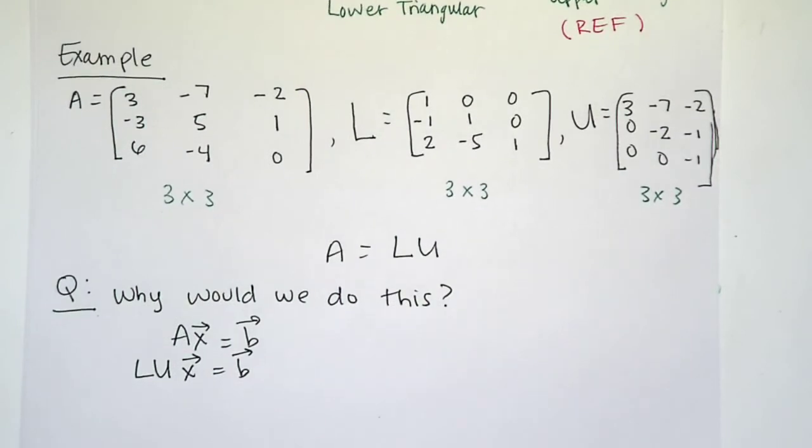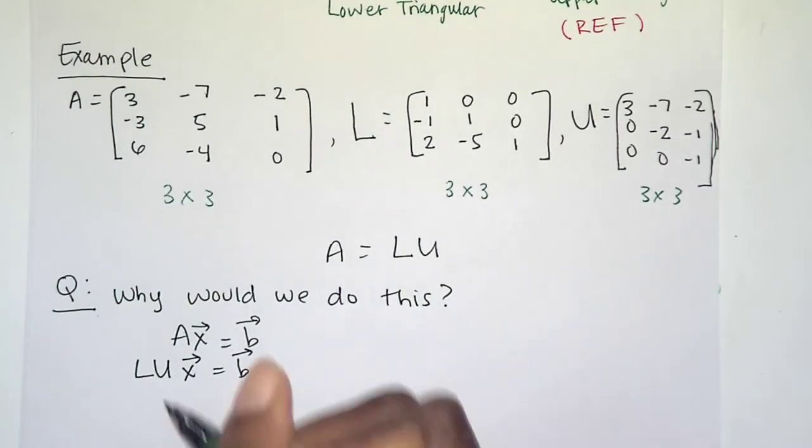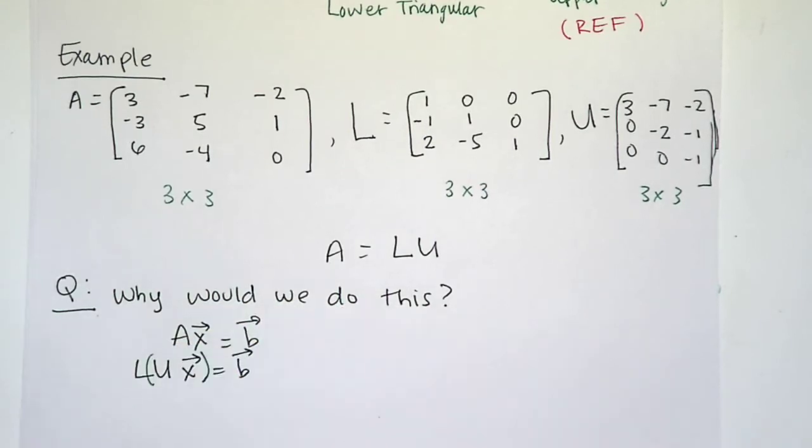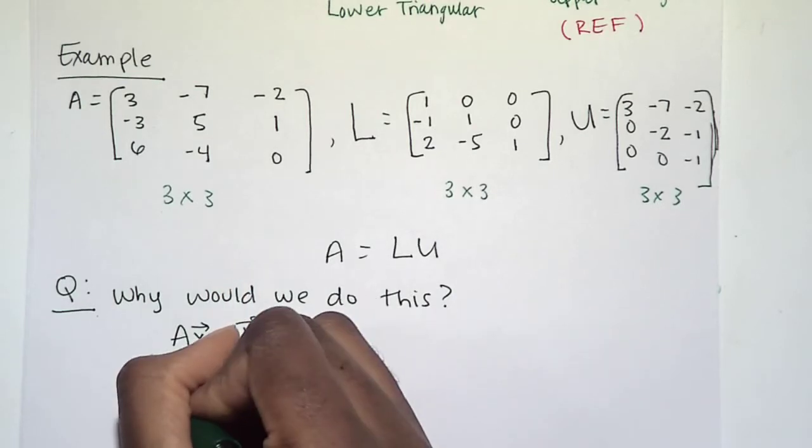Now let's look at the inside here. This U times X is going to be a column vector, right? And I'm going to give it a name.